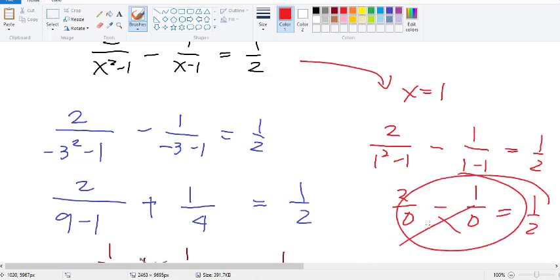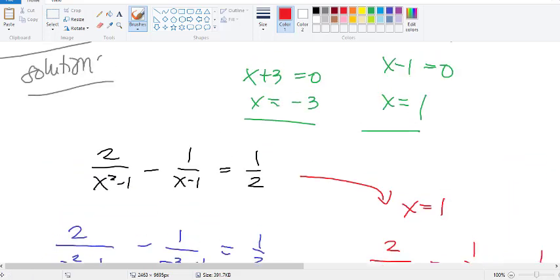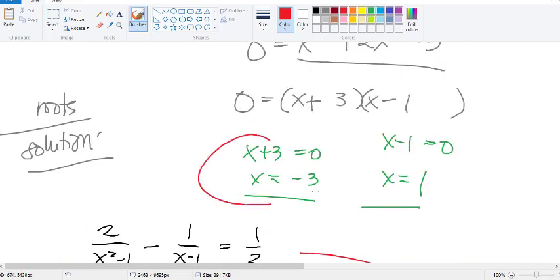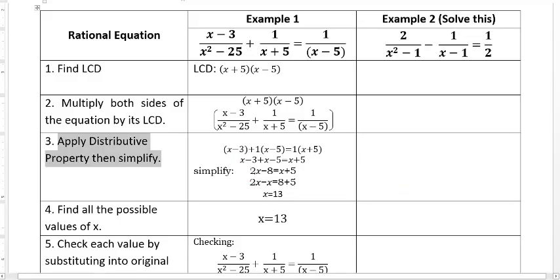Kasi nga, again, any number divided by 0 is undefined. So, meaning, dito sa solution na nakuha mo, only this part is a real solution. Okay? Ito lang na part ang totoong a number that makes this function true. You should exclude x is equals to 1. Okay? So, that is how you solve this part.